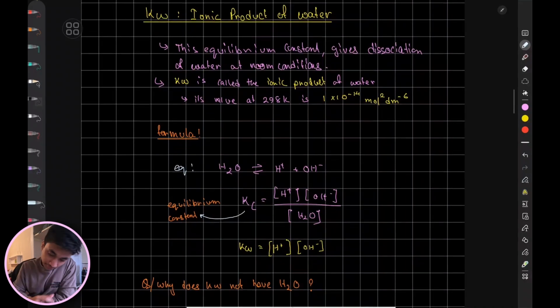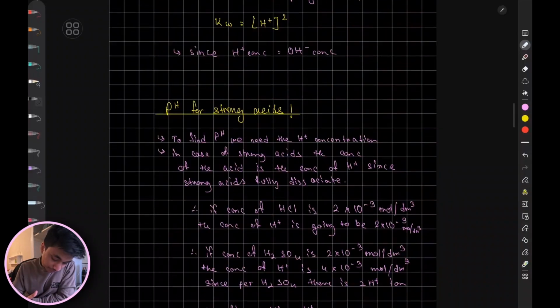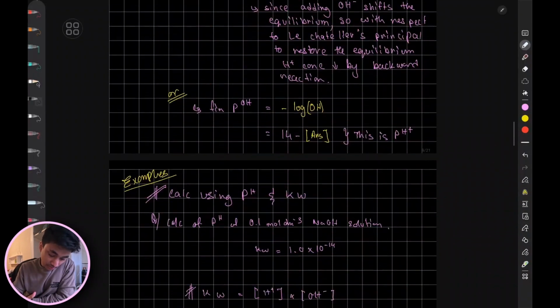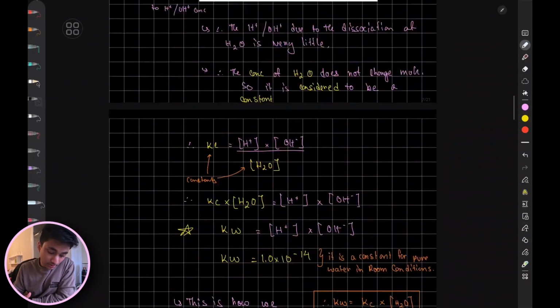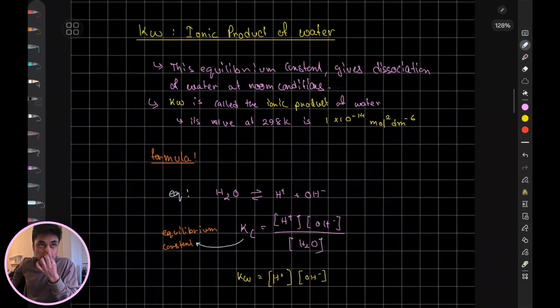Next thing is the ionic product of water. How big is this thing, man? Okay. Ionic product of water. This is another equilibrium constant, which is an interesting one, I find.